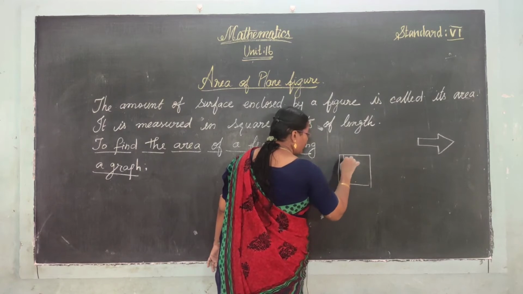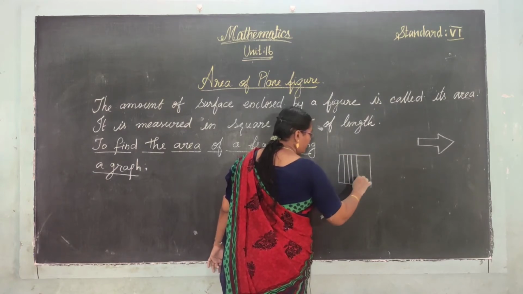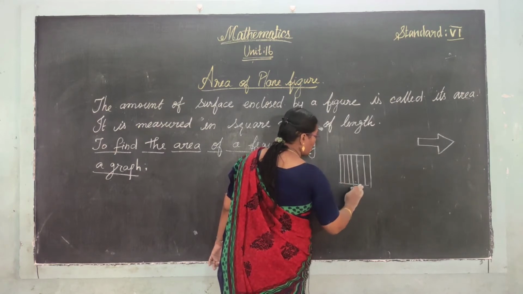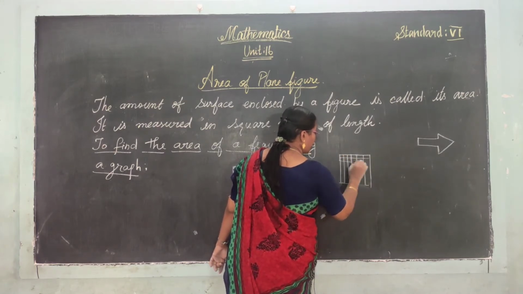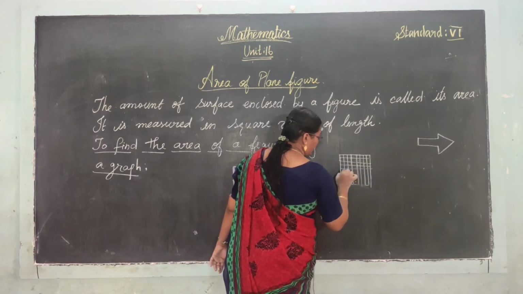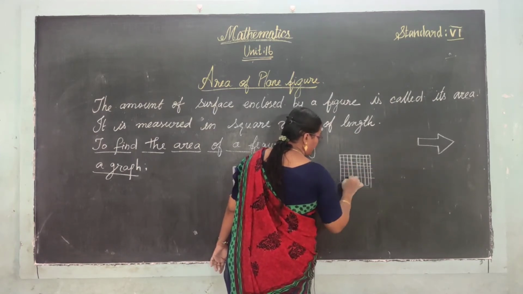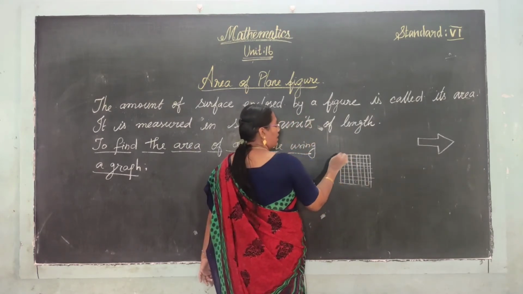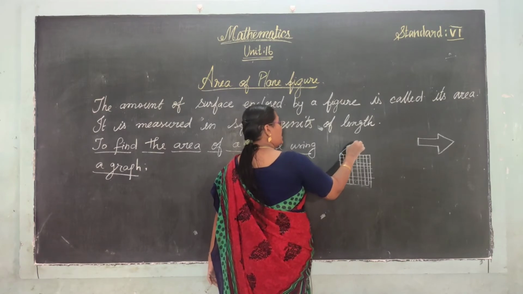Each in square boxes. So each square box is 1 centimeter.